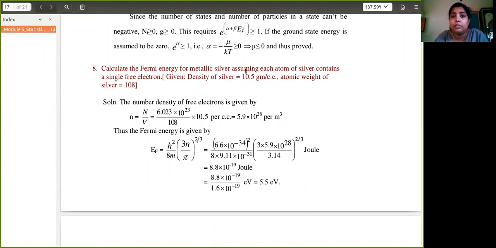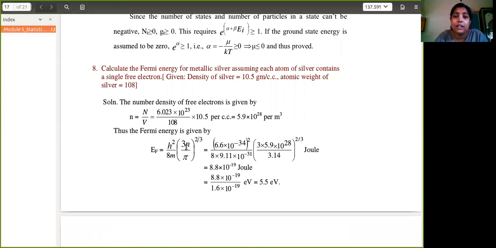Calculate the Fermi energy for metallic silver, assuming each atom of silver contains a single free electron, given the density of silver and the atomic weight of silver. So first, just write down the formula. EF equals h squared by 8m, into (3n by pi) to the power 2 by 3, where h is Planck's constant, m is the mass of the electron, pi is a constant, and n is the number density of electrons.